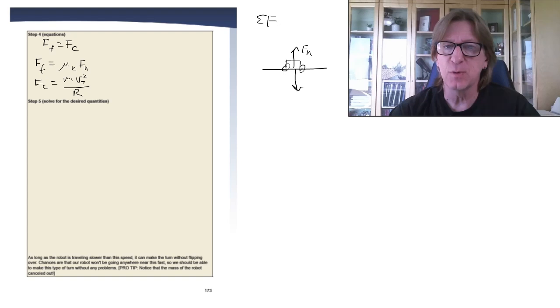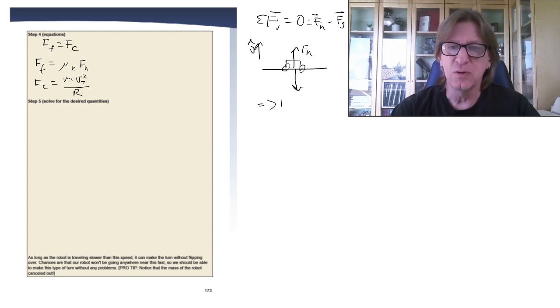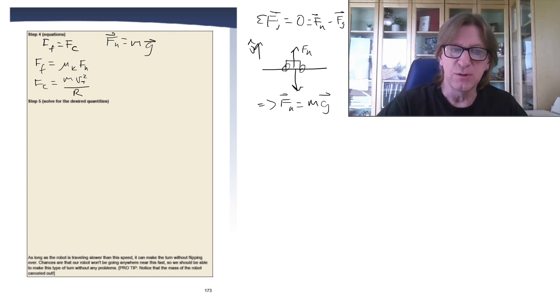So we want the sum of the forces in our j hat direction to be 0, which is equal to the normal force, and we'll say that this way is j positive, minus the gravitational force. And so that tells me that the normal force is simply equal to the gravitational force, which is m times g. So our normal force is equal to m times the acceleration due to gravity.